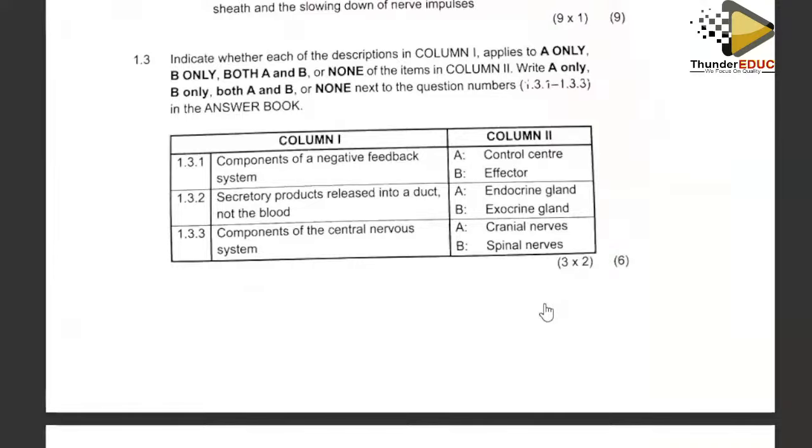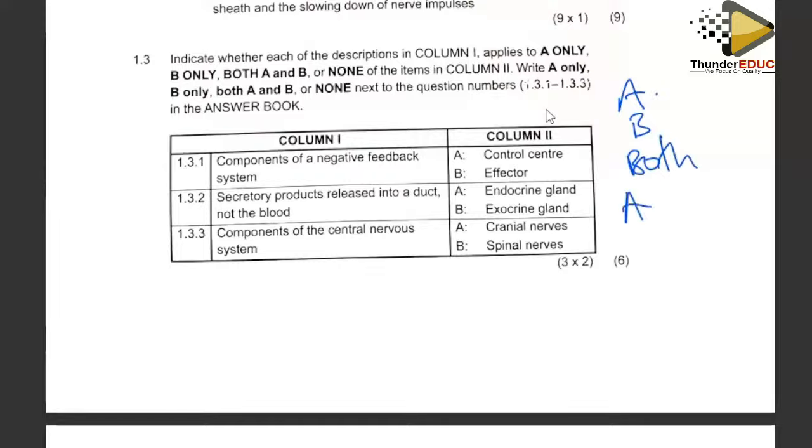So when you go to 1.1, 1.3, which is both A and B, let's see how you performed. Many people here make a lot of mistakes in giving the answer. For example, they ask you 1.3.1, then they just write control center, or they write effector, or others just write A, and then others say B, both.